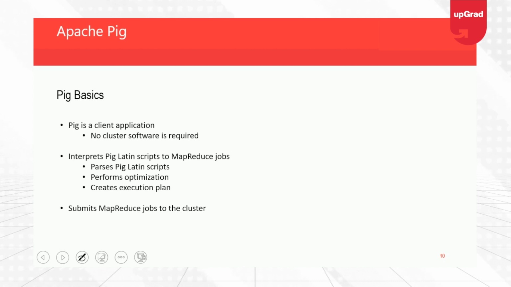The execution plan can be called a workflow, or the stages of execution through which the program is supposed to execute and produce the expected output. Finally, once the Pig Latin script is parsed, optimization is performed, and the execution plan is ready, the application is submitted to the Hadoop cluster as a MapReduce job.